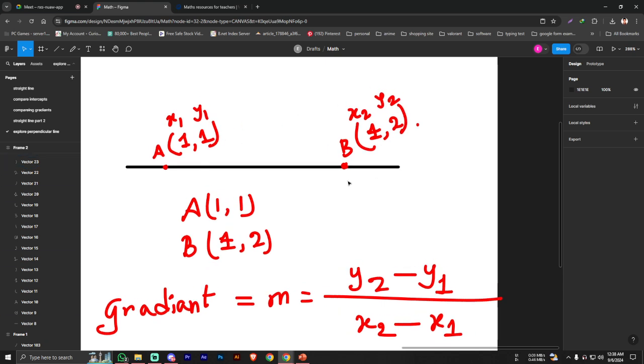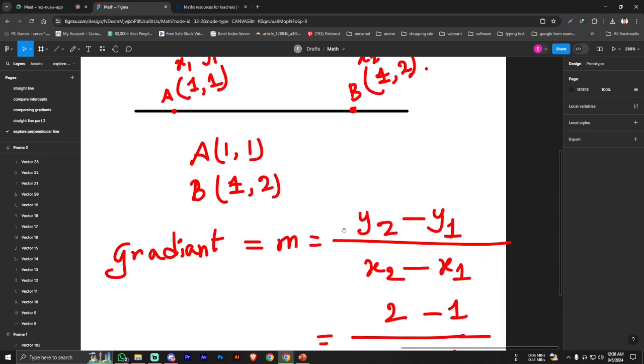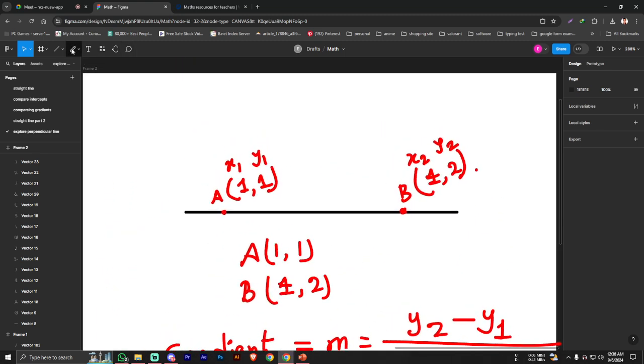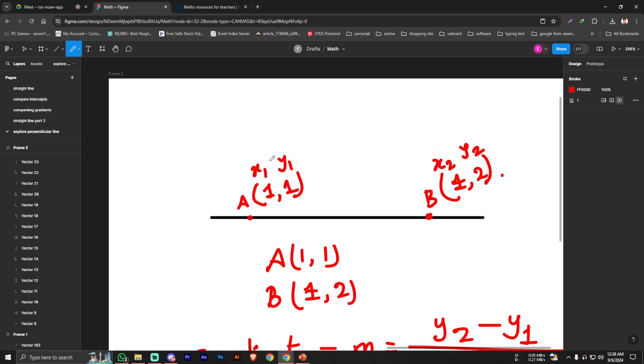You can switch up. No matter how you switch up, the answer will be the same, which is 1/3. What I'm trying to say is that you can observe b point's coordinates as x1 and y1, no problem, and a coordinates 1, 1 are now x2, y2.